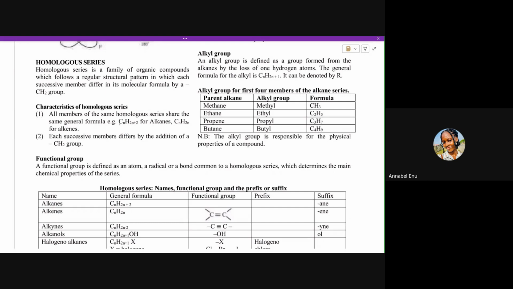So homologous series is simply telling you that there are different families. It's like telling you that we have human species, we have mice, where we see rats. We also see things that look like mice, like rabbits and those creatures.